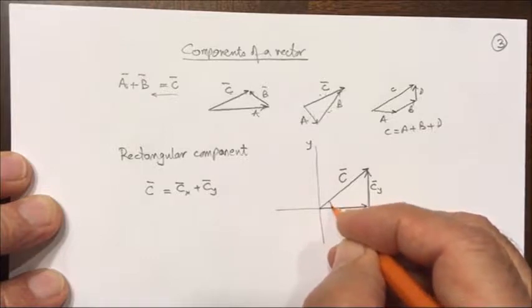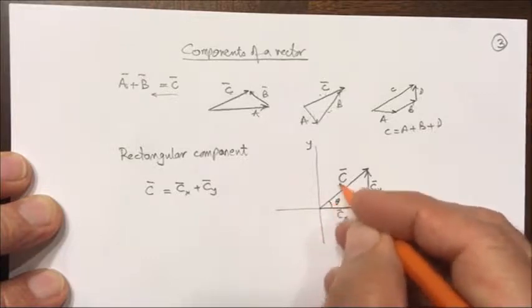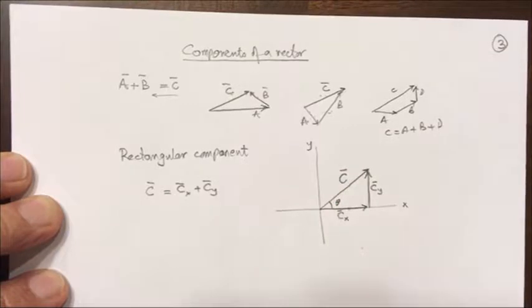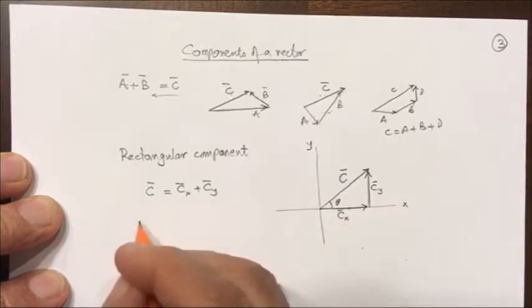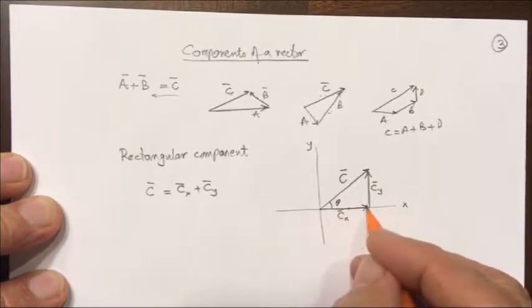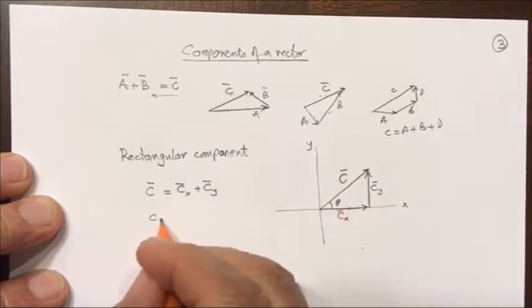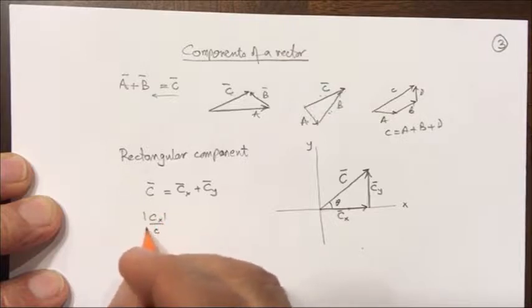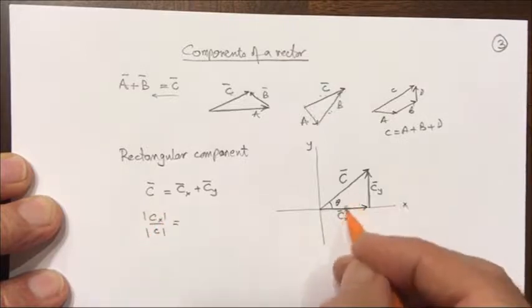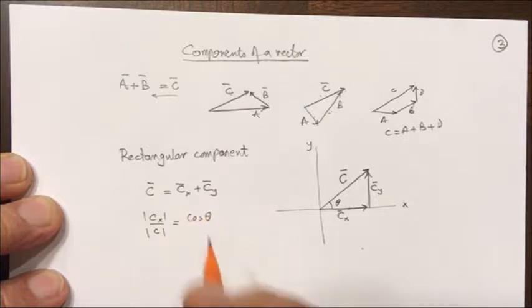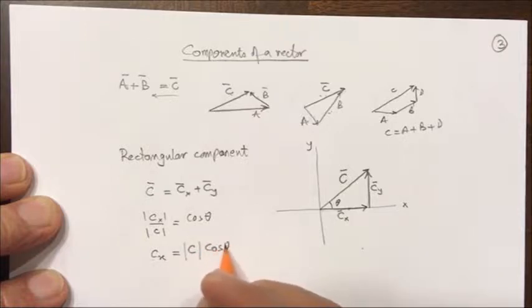So if this angle is theta and the length of this vector is the magnitude of C, then we know from trigonometry that the magnitude of CX over the magnitude of C is cosine theta. And therefore, the magnitude of CX, this is not the vector CX, it's the magnitude of CX, equals the magnitude of the vector C cosine theta.